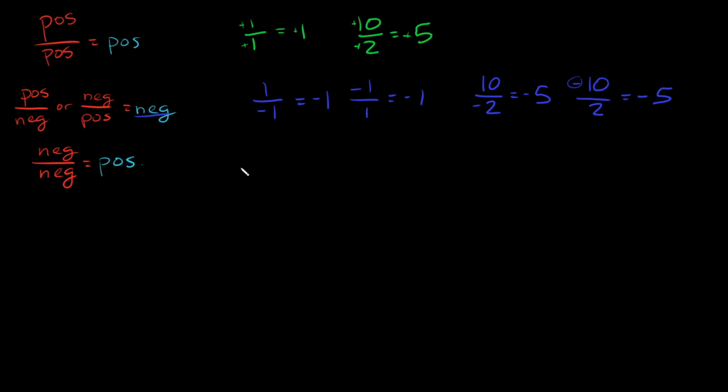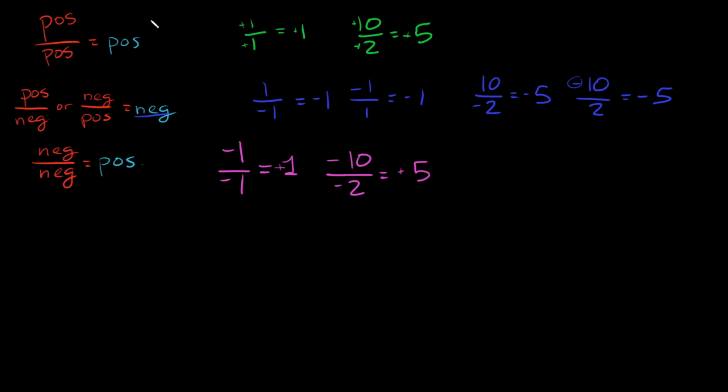And lastly, a negative over a negative. So if we have negative 1 over negative 1, that's positive 1. If we had negative 10 over negative 2, well, 10 divided by 2 is 5. Is it positive or negative? Well, we got two negatives, so this is a positive.